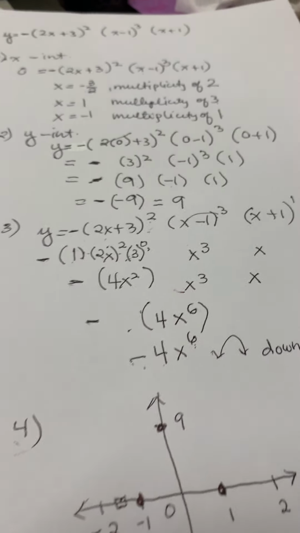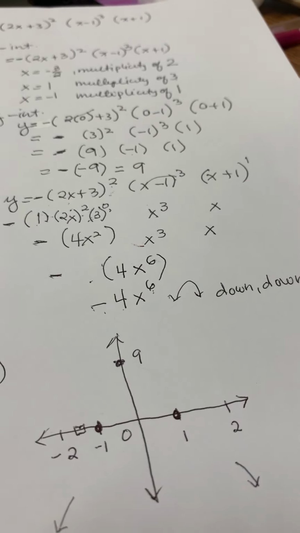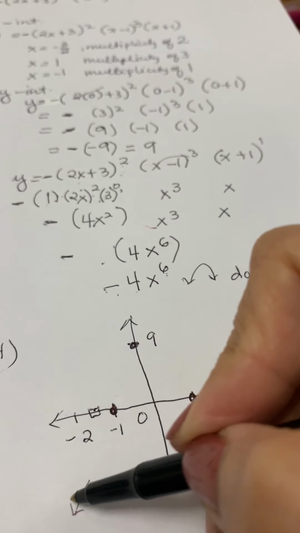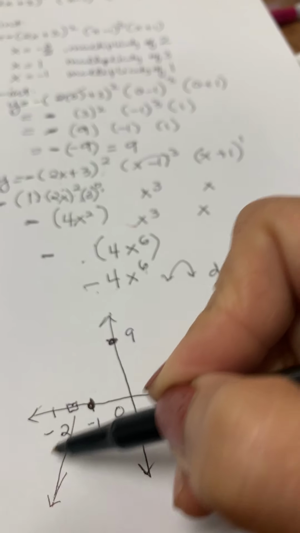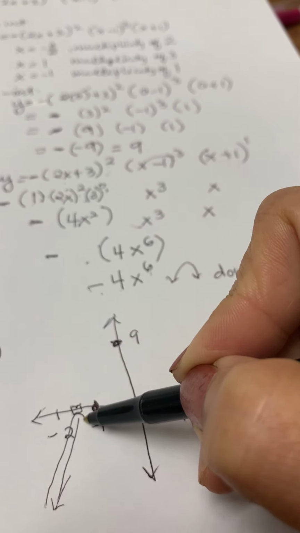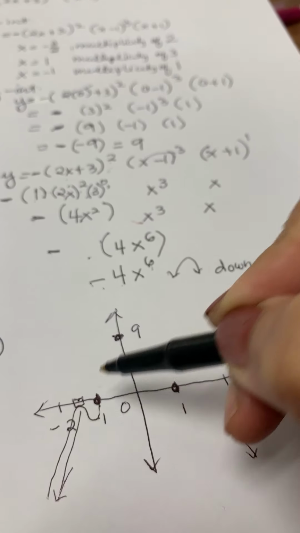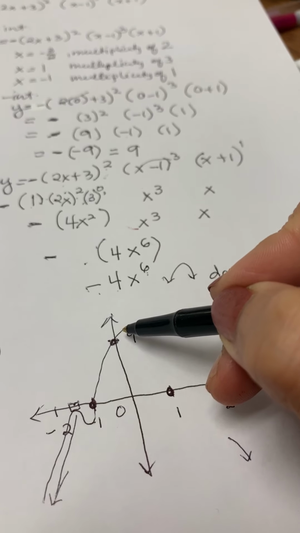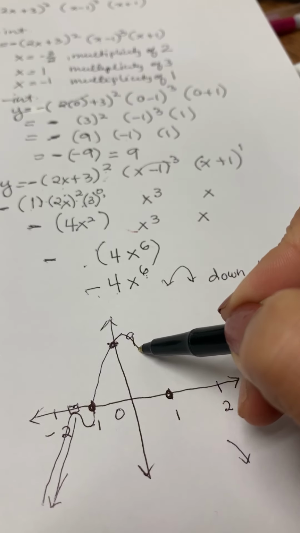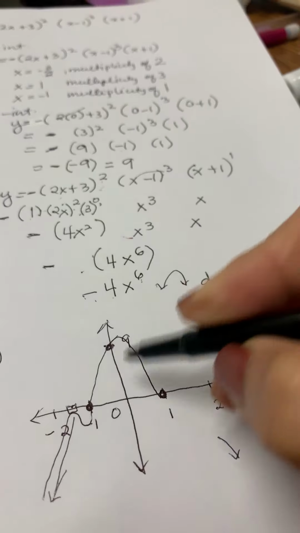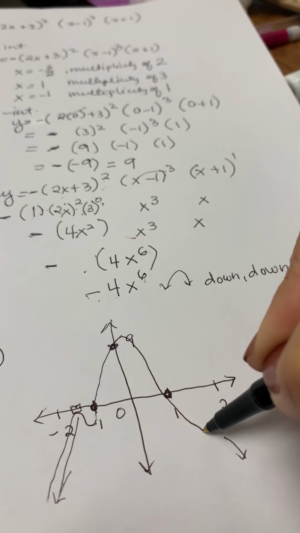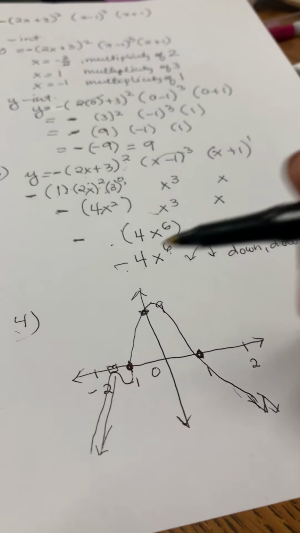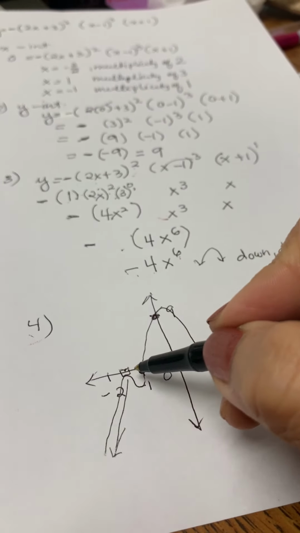Bounce somewhere along the way, it will go up, cross that one. We don't know where it will turn, and go all the way down there. Anyway, something like that. So that's our graph.